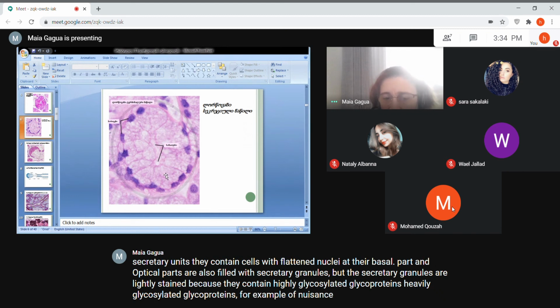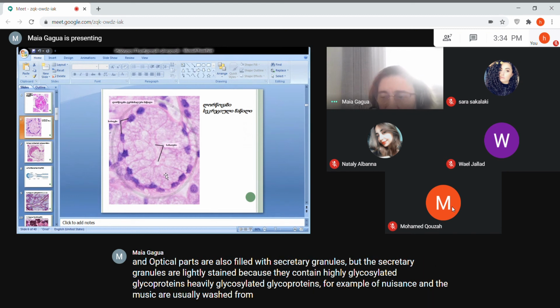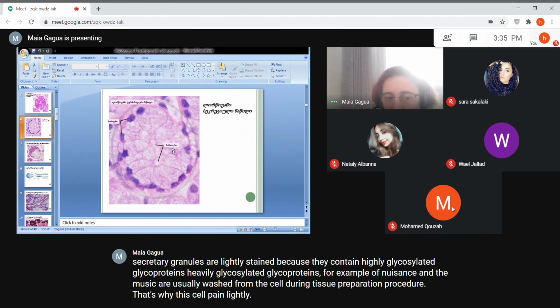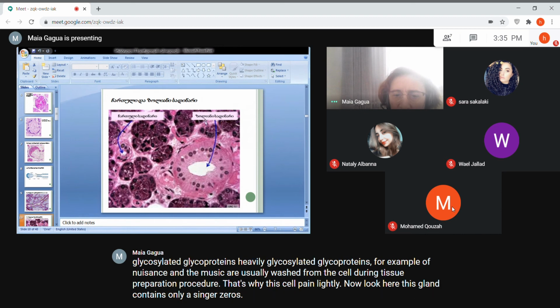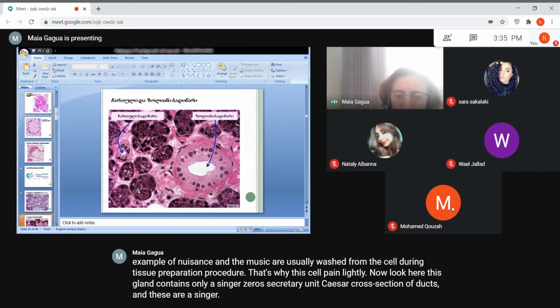And mucins are usually washed from the cells during the tissue preparation procedure. That's why these cells stain lightly. Now, look here. This gland contains only acinar serous secretory units. These are cross sections of ducts, and these are acinar secretory units. They produce proteins.